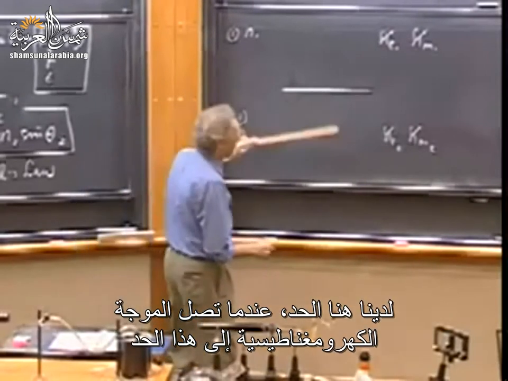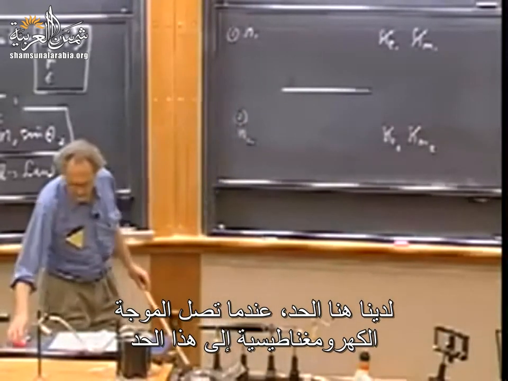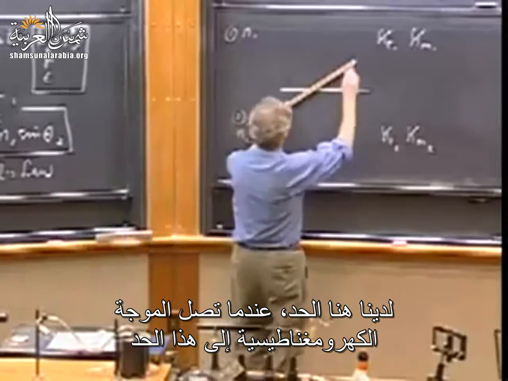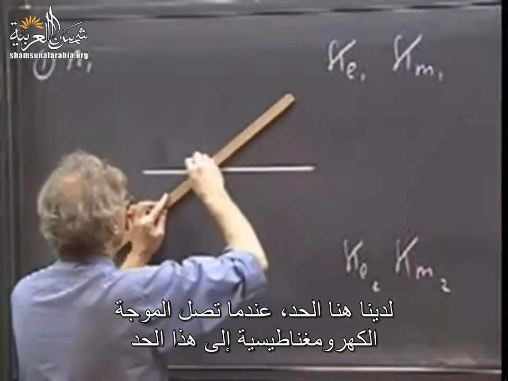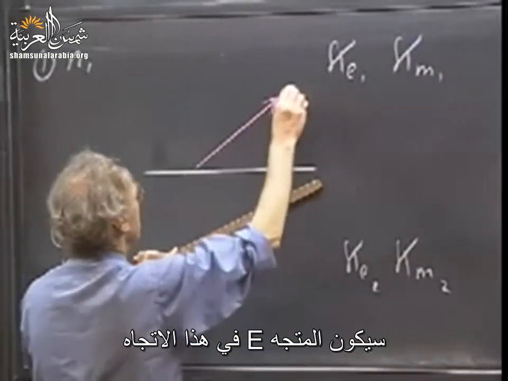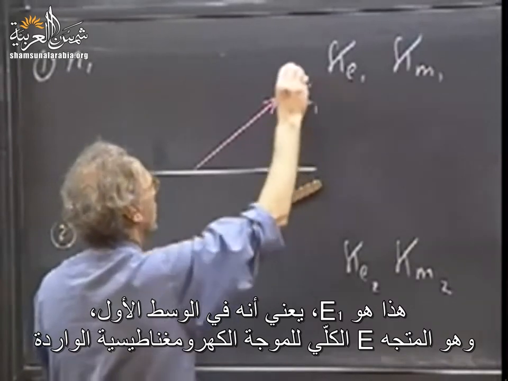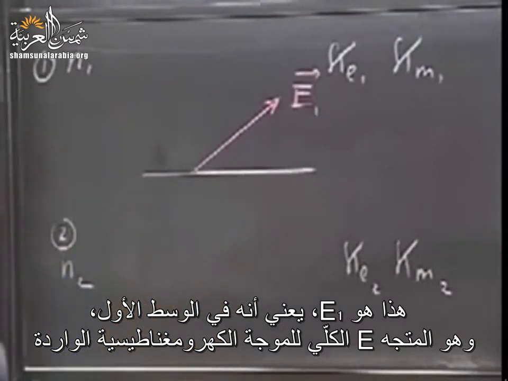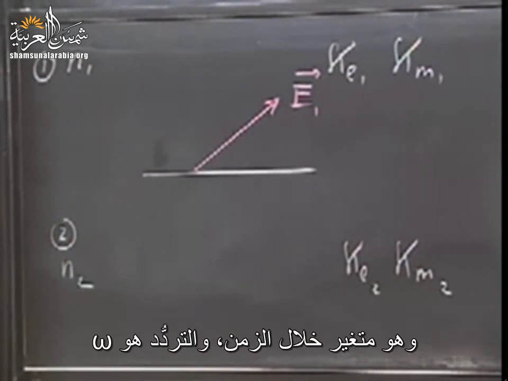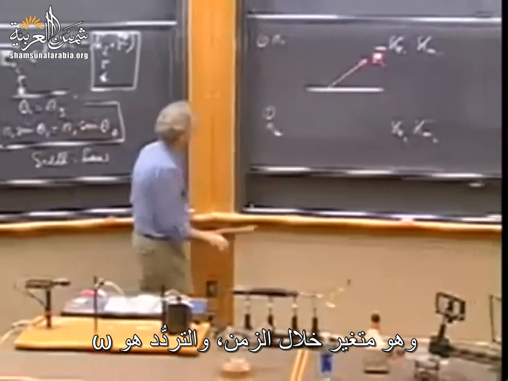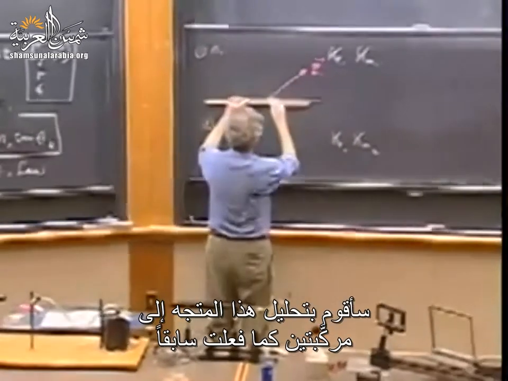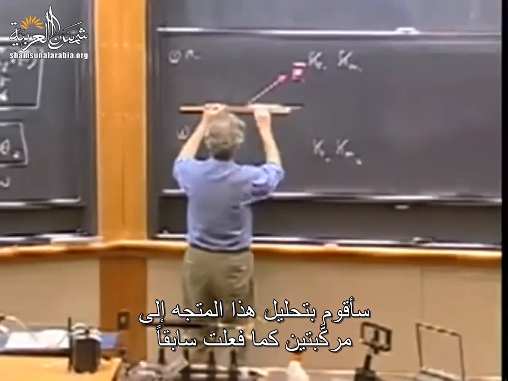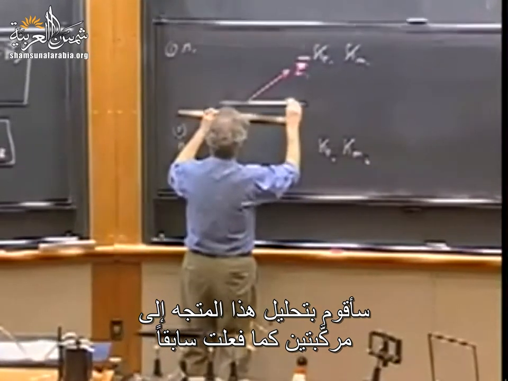And so here is the boundary, and there is an electromagnetic wave, and when it reaches that boundary, the E vector happens to be in this direction. So this is E1, that means in that medium 1. That's the total E vector of the electromagnetic wave coming in, highly time variable, frequency omega. And I'm going to decompose this now, as I did before, into two components.